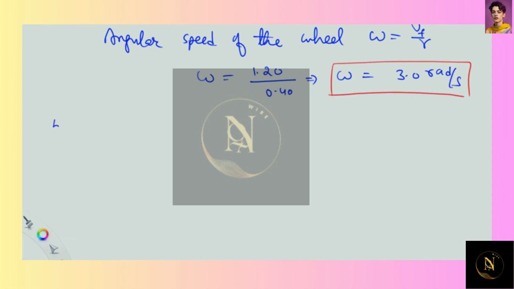Now in the second part of the problem, we have to find, using conservation of energy, the kinetic energy of the wheel.